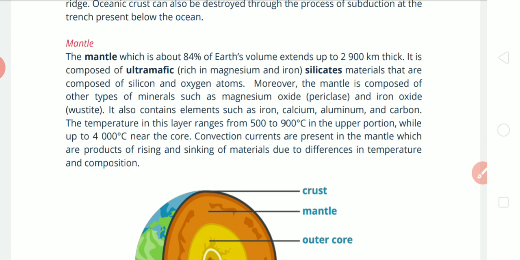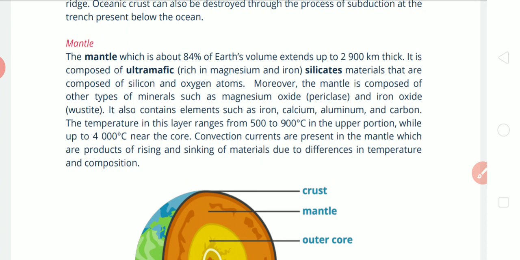Moreover, the mantle is composed of other types of materials. There are also minerals that we can find in the mantle. We have here magnesium oxide or periclase and iron oxide, which is wustite. It also contains elements such as iron, calcium, aluminum, and carbon.